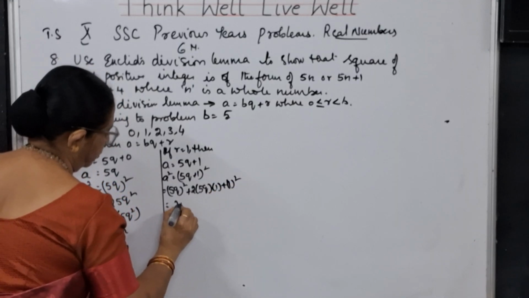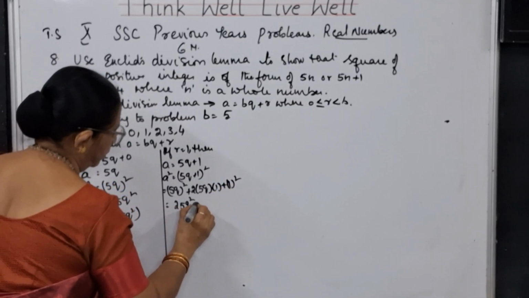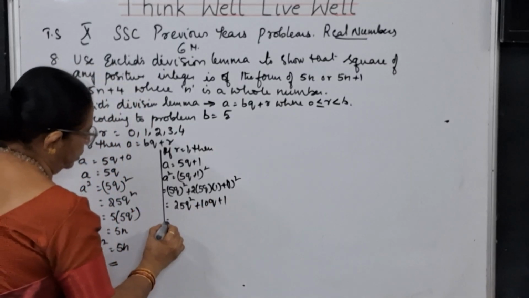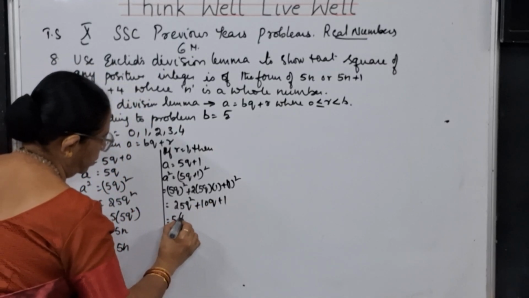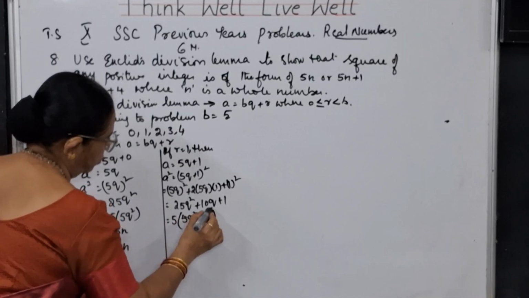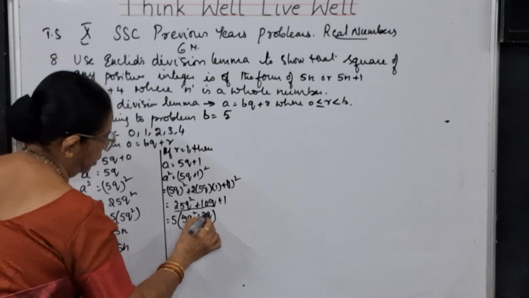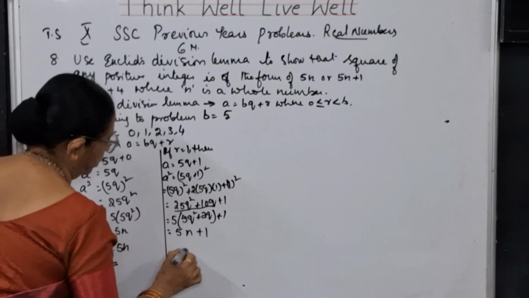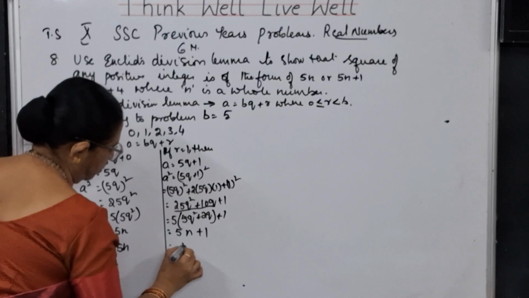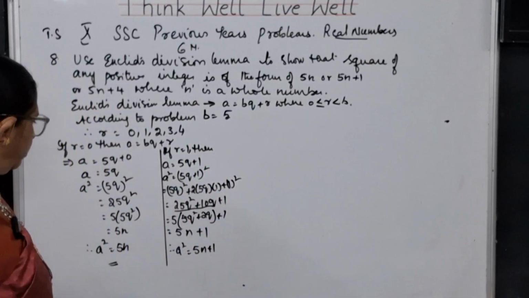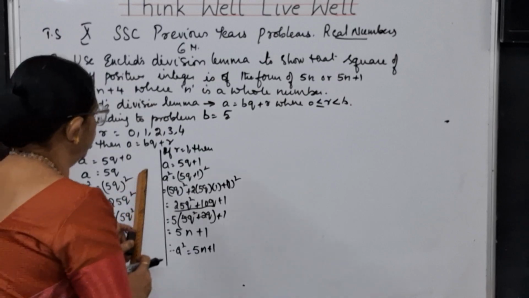Means 25Q square plus 10Q plus 1. So in this you can take 5 as common: 5 into 5Q square plus 2Q for these two, plus 1. That is equal to 5n plus 1. Therefore, A square is equal to 5n plus 1. We have got it when R is equal to 1.